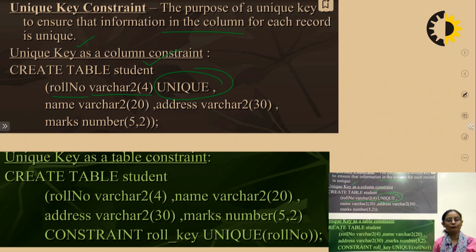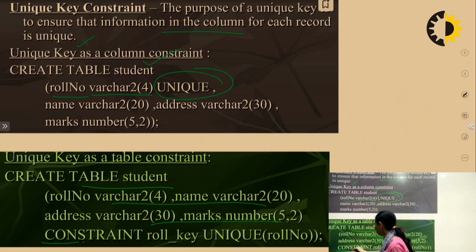But what if I want to apply the constraint at the table level? Then you will give all the field names and then you will use a keyword that is constraint. And then the name of the constraint, roll key, that is the name of my constraint.